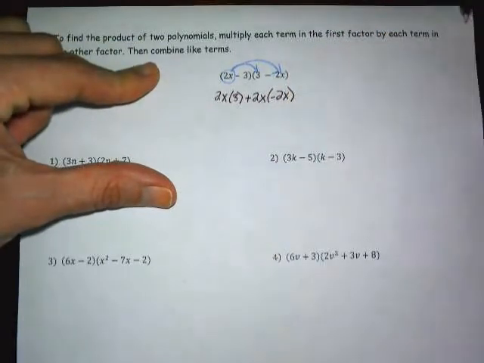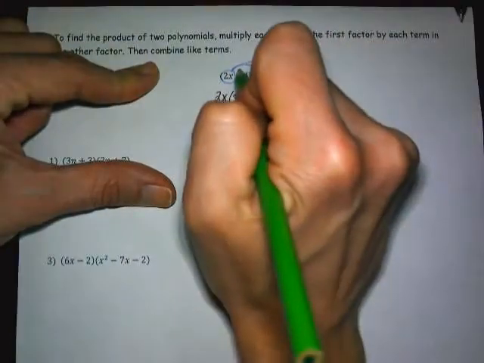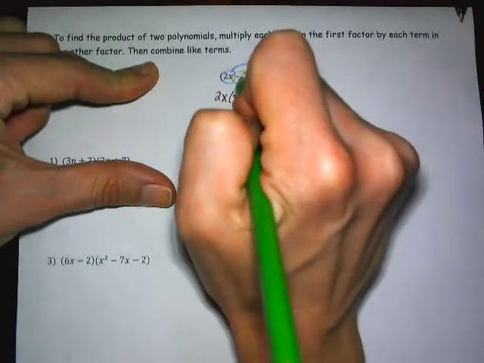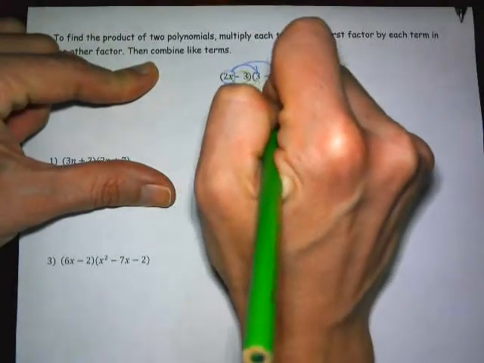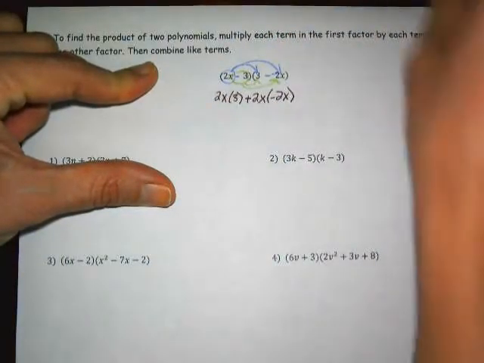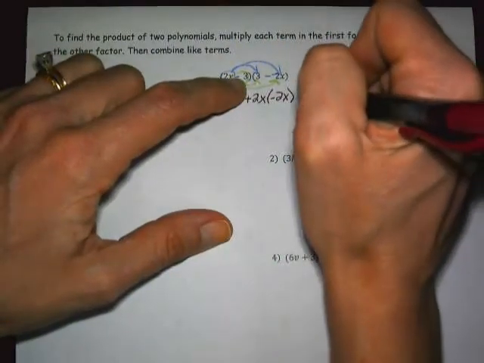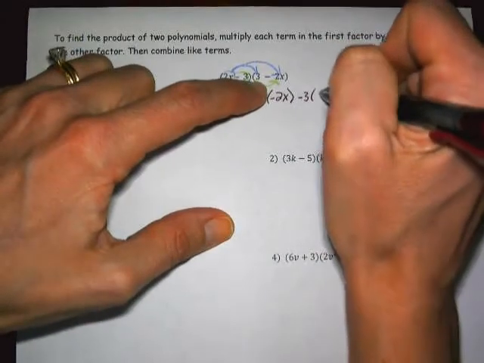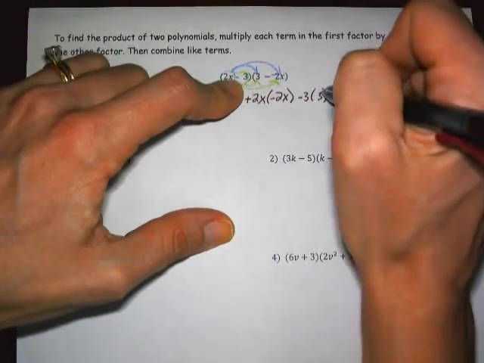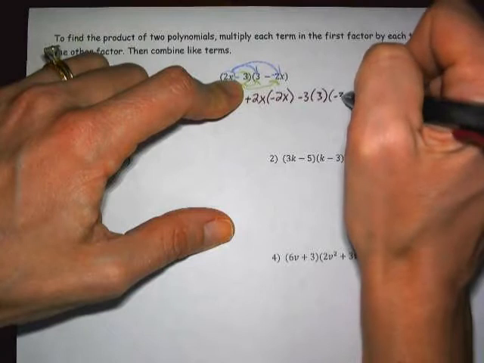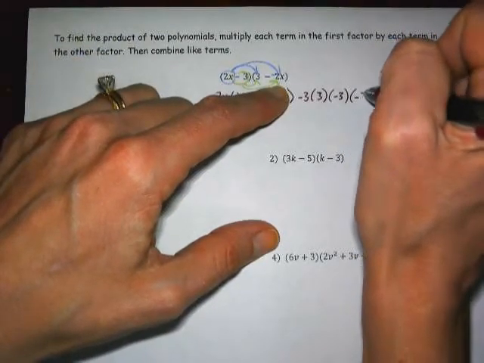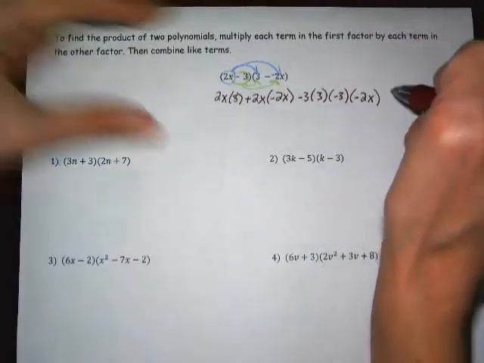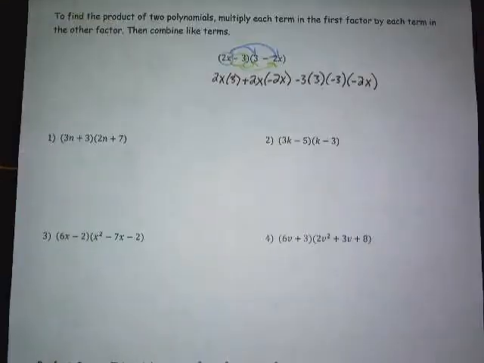Then we're going to take the second piece of our first set of parentheses and multiply it by the 3 and by the negative 2x. So negative 3 times 3, negative 3 times negative 2x.